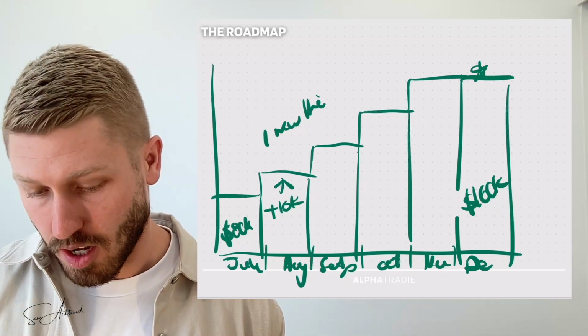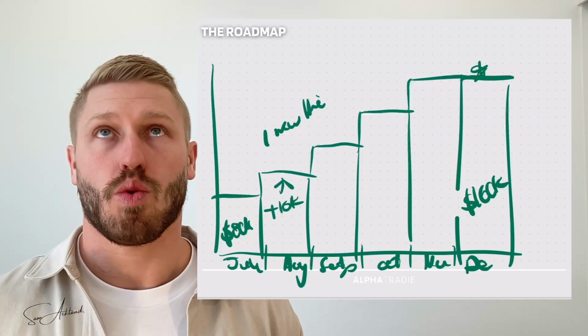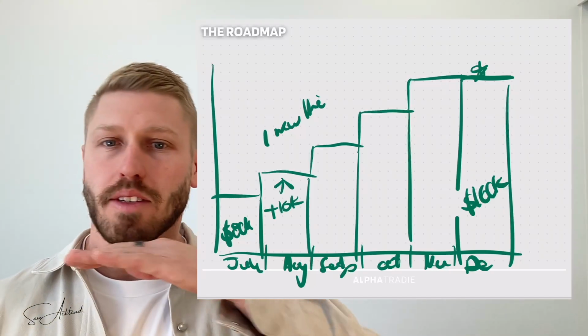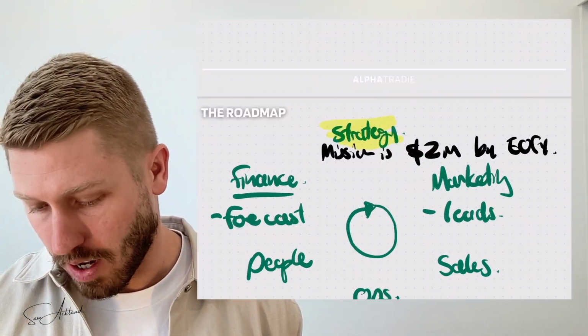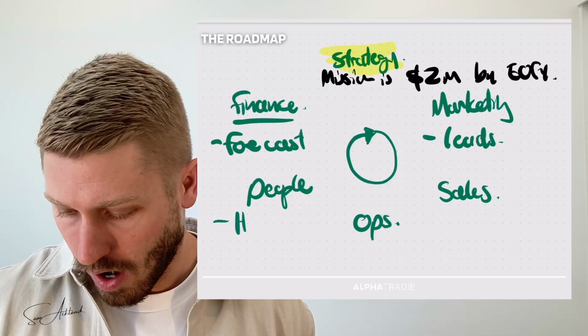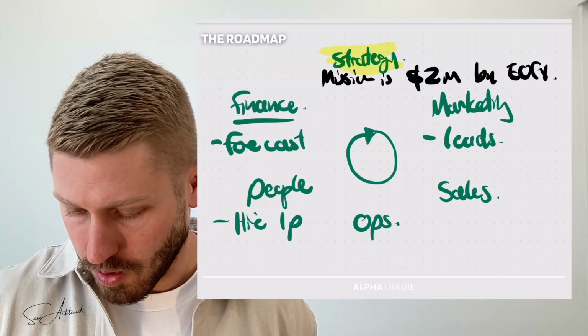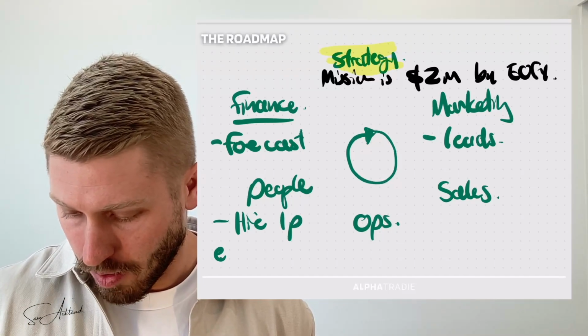Now, when we start to think about our forecast or our growth trajectory or our run rate, we could be thinking that it could be a little bit unrealistic for us to hire one person per month.